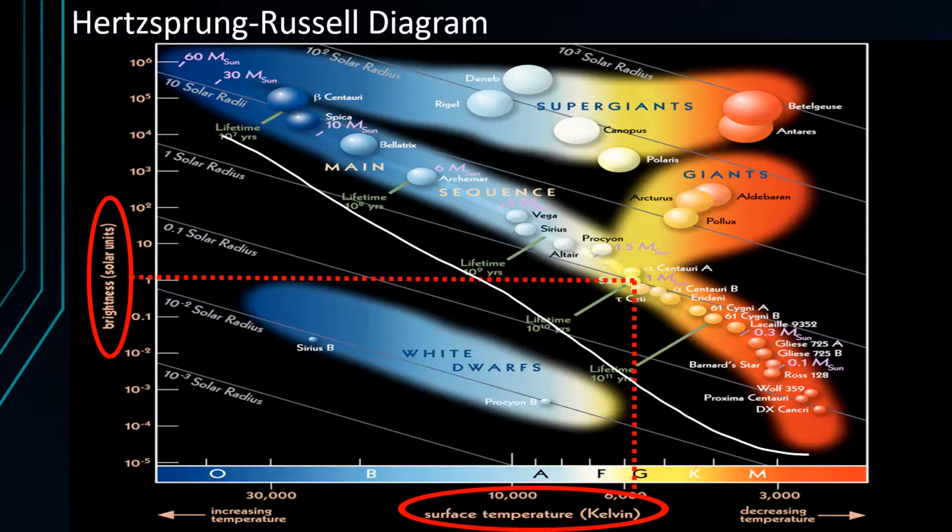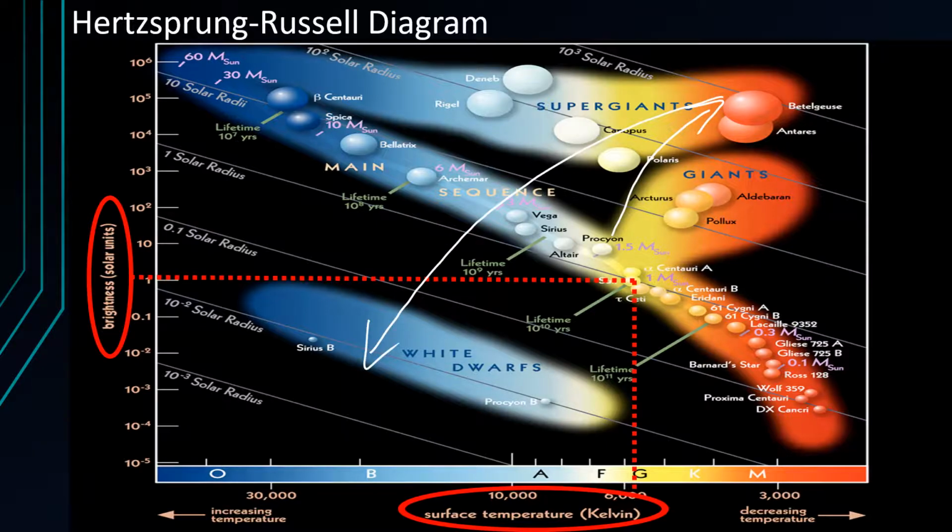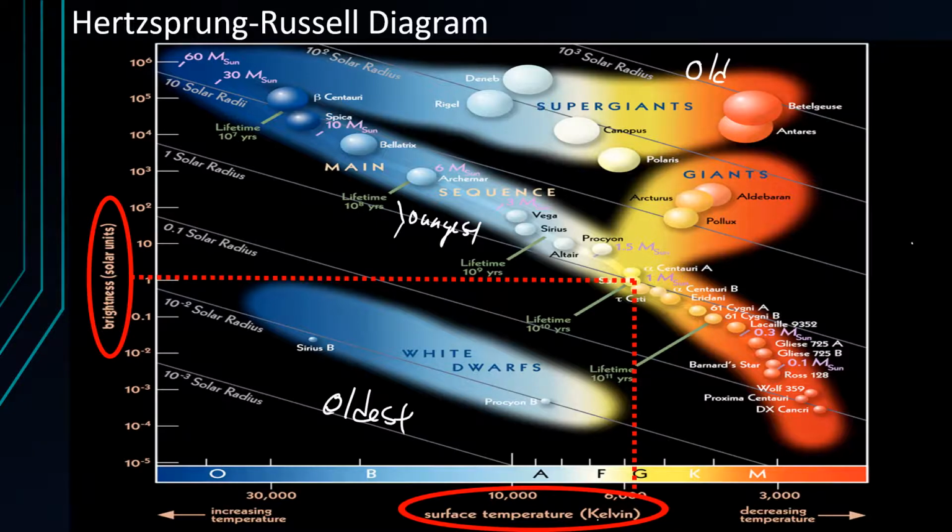All of these main sequence stars right here are going to be in their prime, middle aged, and as they age, they'll move up here to the supergiants, and then they make this little zigzag when they get older to the white dwarfs. So main sequence are our youngest to middle aged, and up here we have old, and oldest down here with the white dwarfs.